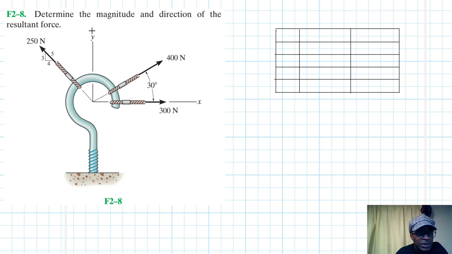The problem reads, determine the magnitude and direction of the resultant force. This problem is coming from the Engineering Mechanics Statics textbook, 13th edition by R.C. Hibbeler.